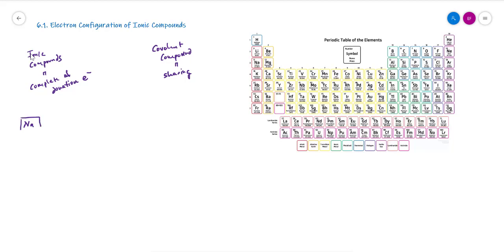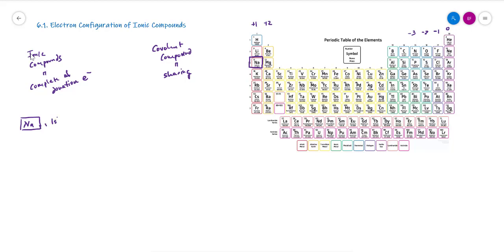Let's think about the sodium element, the actual neutral atom, and then we'll pull an electron off it, because we know that the oxidation state of these group 1A metals tends to be +1. These tend to be +2. These tend to be 0. Way out here, these are -1, -2, -3, etc. So for sodium, let's write out the full configuration.